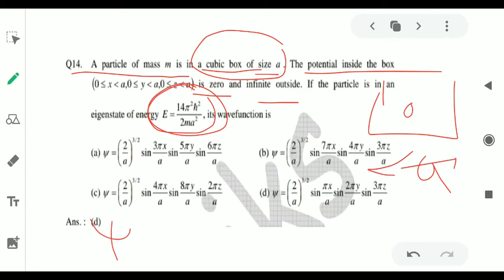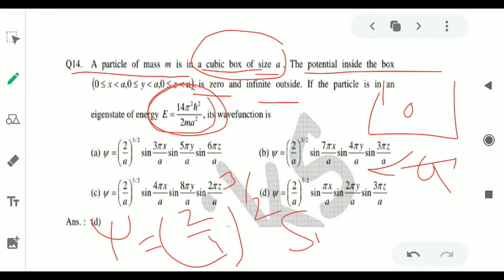For the cubic box, we know the wave function is root 2 upon a to the power 3 by 2 times sin n pi x upon a, sin n pi y upon b and sin n pi z upon a. That will be your eigenfunction.